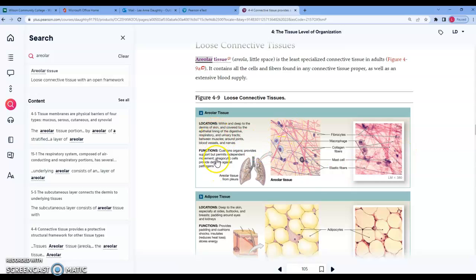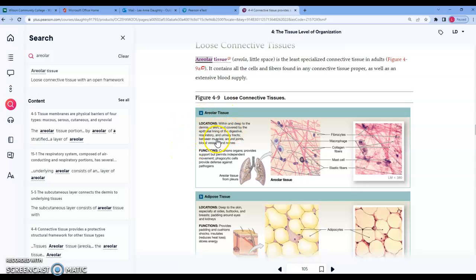It gives you location and function right here. So within and deep to the dermis of the skin. So you have areolar tissue in the dermis, and then you also have areolar tissue in the hypodermis. The papillary layer of the dermis, which is the layer that's closest to the epidermis, the papillary layer is composed of areolar tissue.